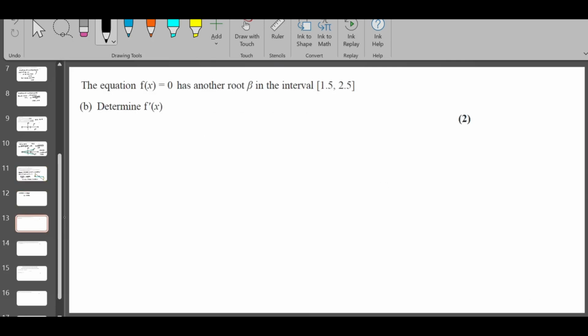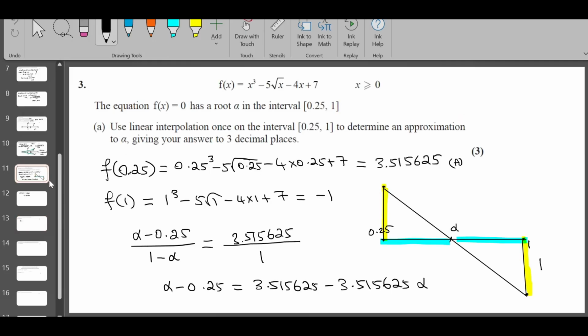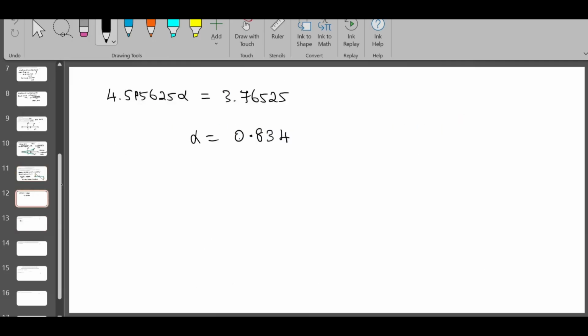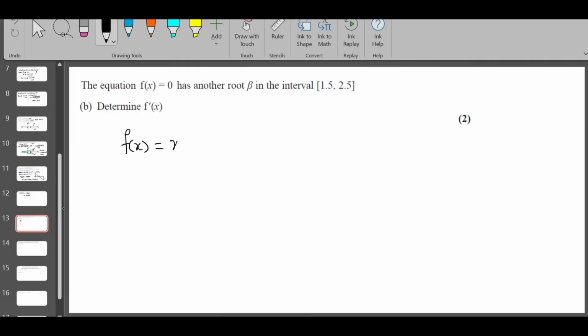The equation f of x equals 0 has another root beta in the interval given. Determine, first find f dash of x. We know f of x is equal to x cubed plus 5 root x, x cubed plus 5x power half minus 4x plus 7.